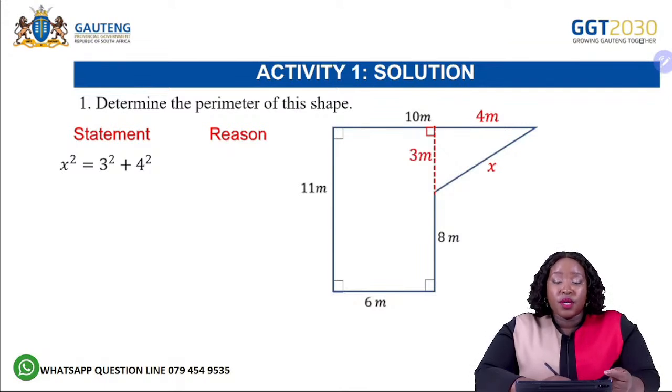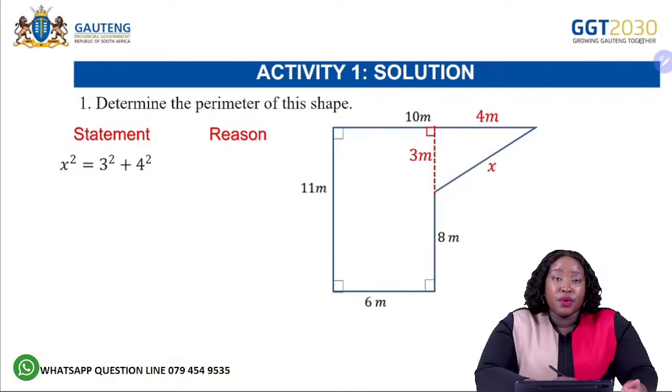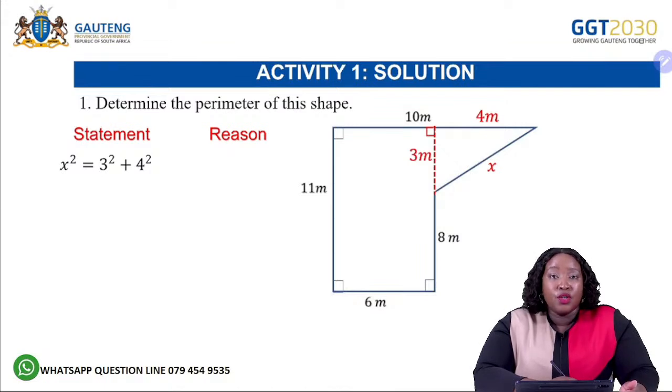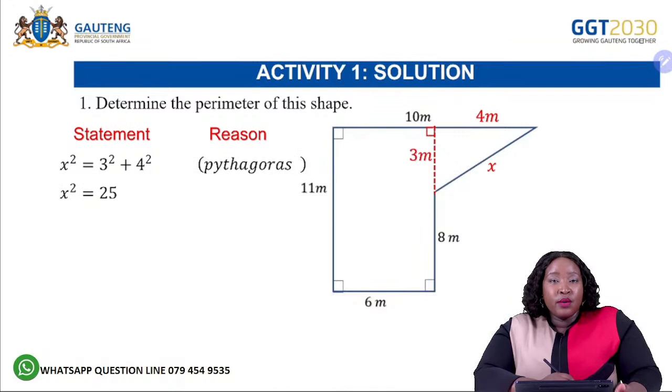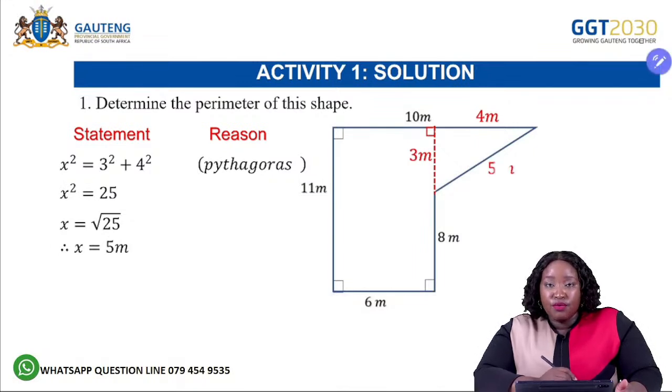So the hypotenuse squared is equal to the opposite side squared plus the adjacent side squared. And then we get that to be 9 plus 16, and 9 plus 16 is 25. So when we square root x squared, we get x, and when we square root 25, we get 5 meters. So x is equal to 5 meters.